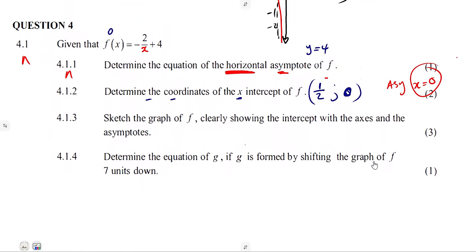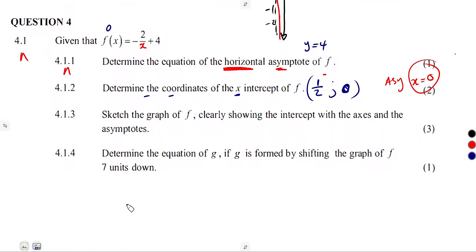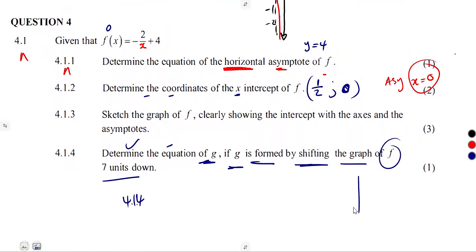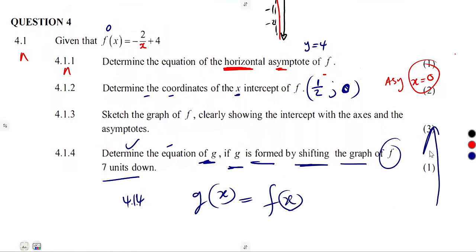Then question 4.14 is now to determine the equation of g if g is formed by shifting the graph of f 7 units down. As the function is going down, this is affecting the y values. So g of x is supposed to be f of x. A translation or a shift going up or going down affects f of x.